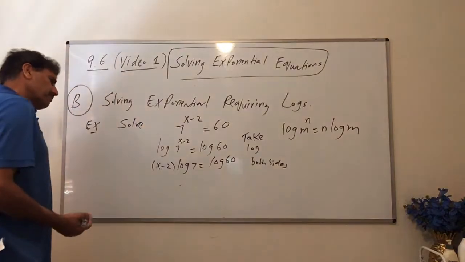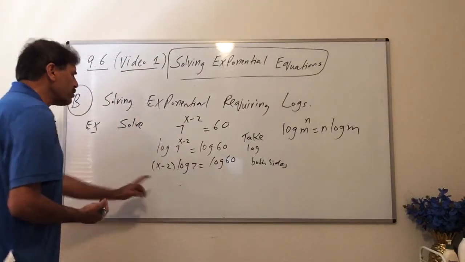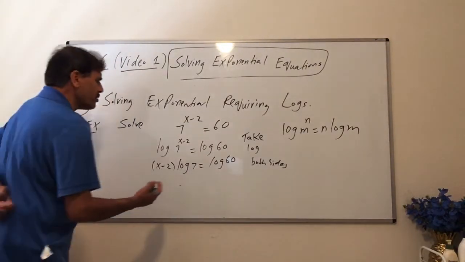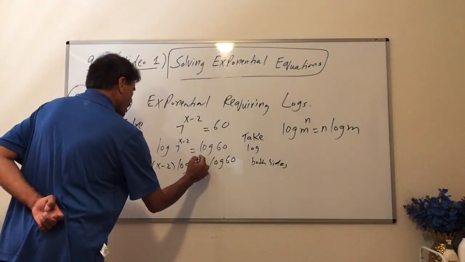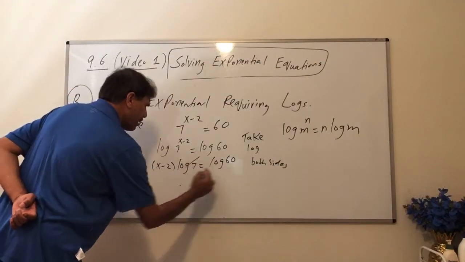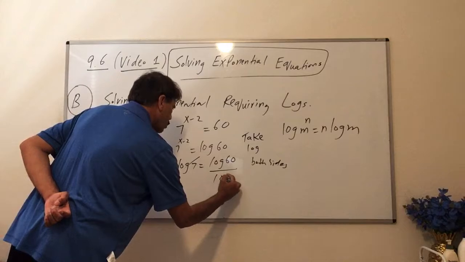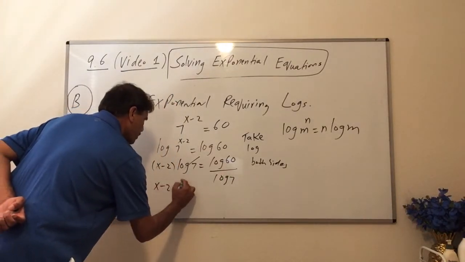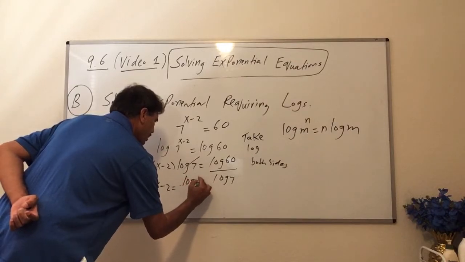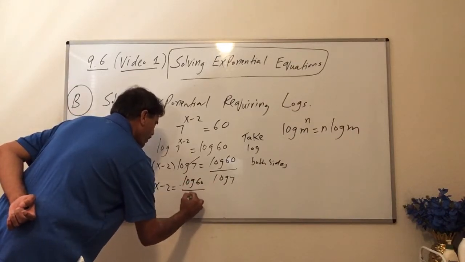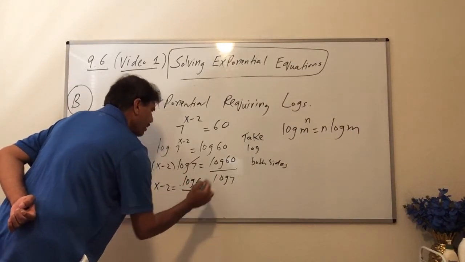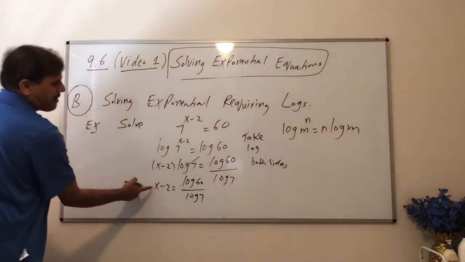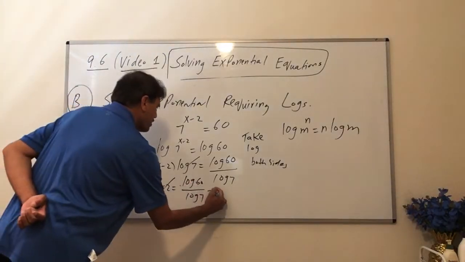Now we must isolate x minus 2 first. So we're going to divide both sides by what? Log 7. Then x minus 2 is log 60 over log 7. Then the opposite of negative 2 is positive 2.